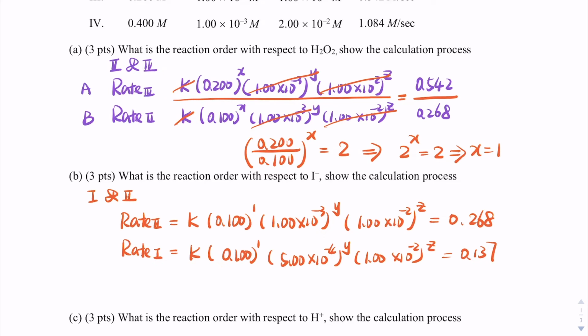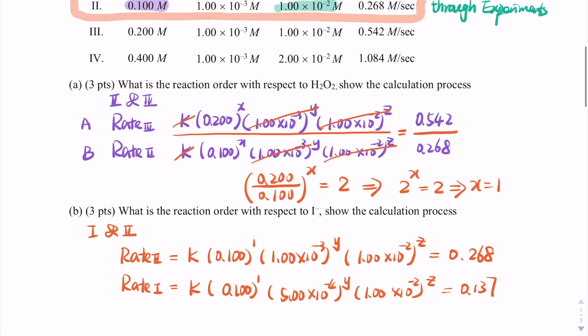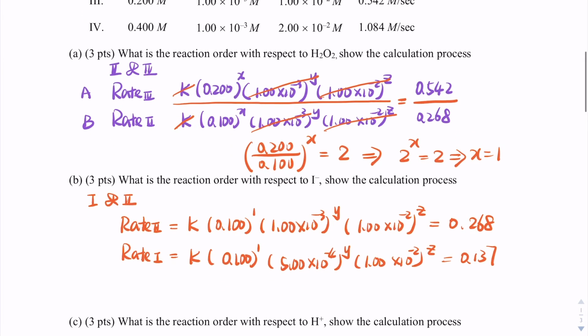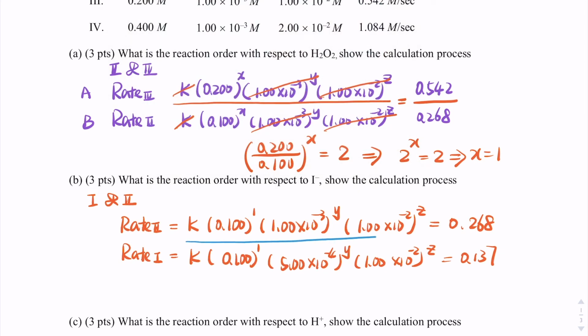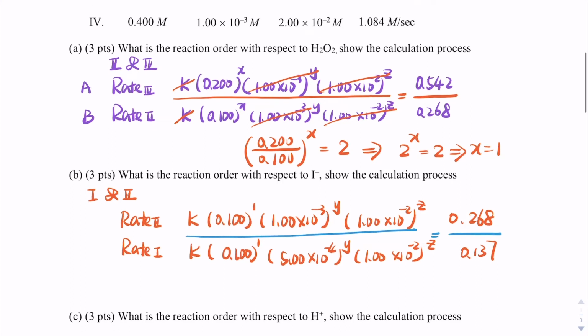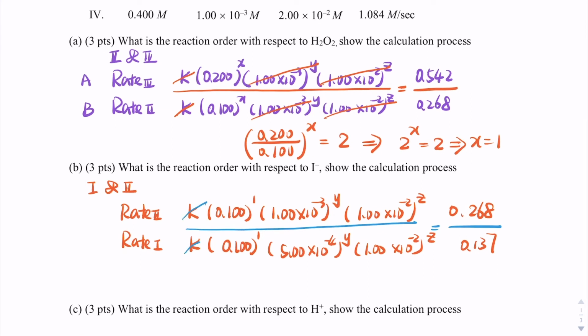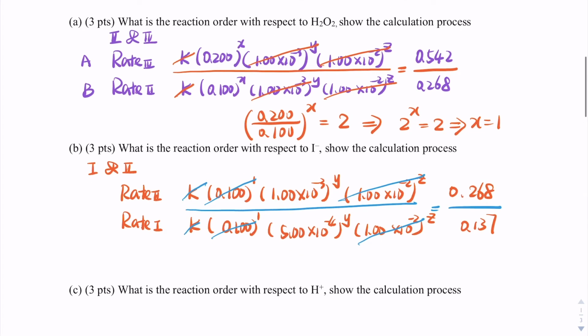I'm going to use the one on the top divided by the one on the bottom. Remember what we did earlier? Yes, we can just add a line between. So that will be division. Again, that cancels out, that cancels out, that cancels out. We just have whatever is left over.